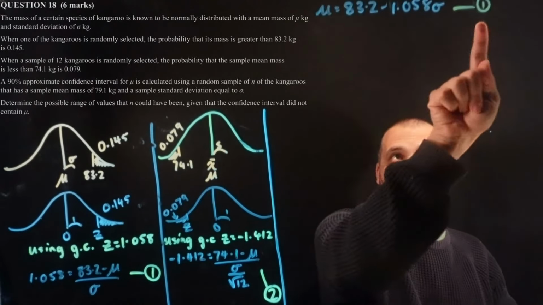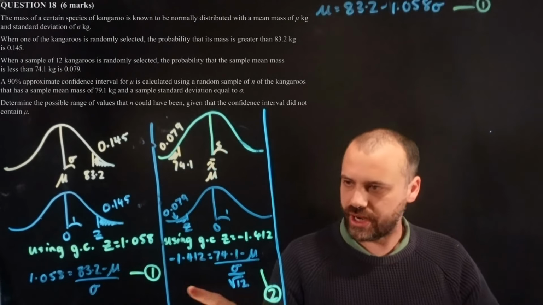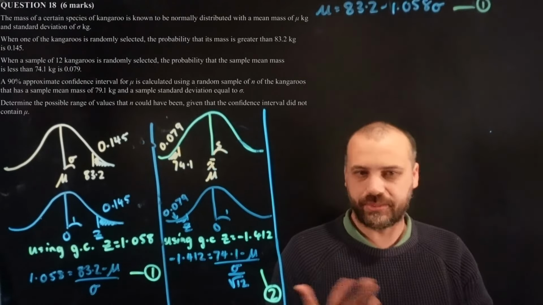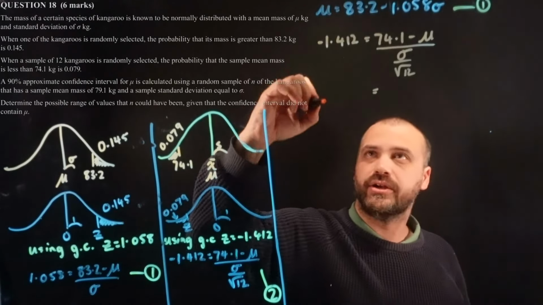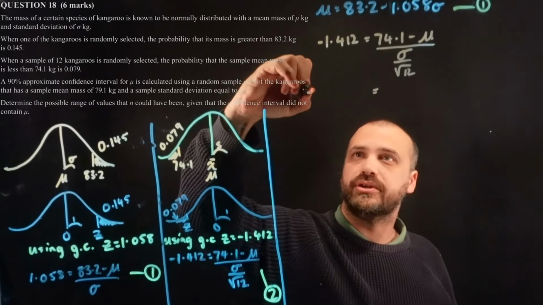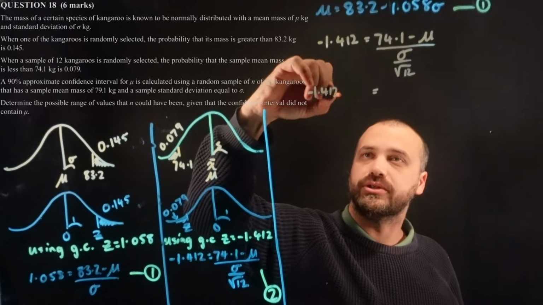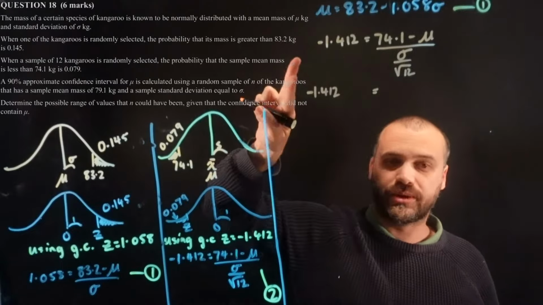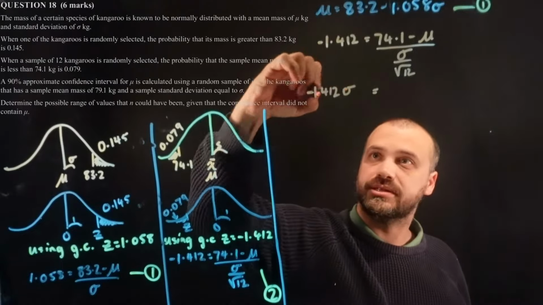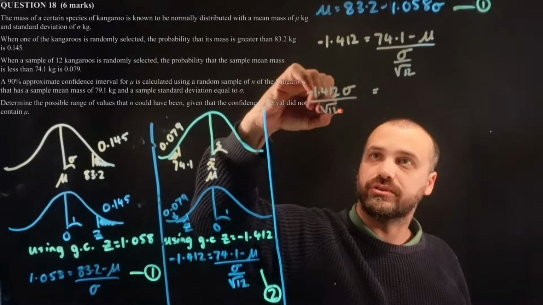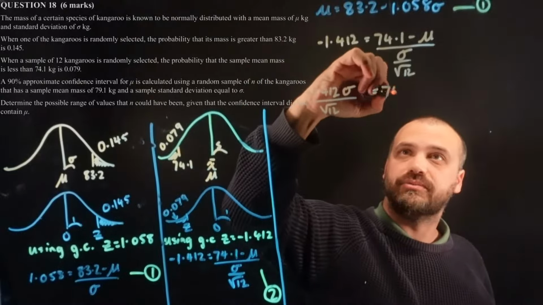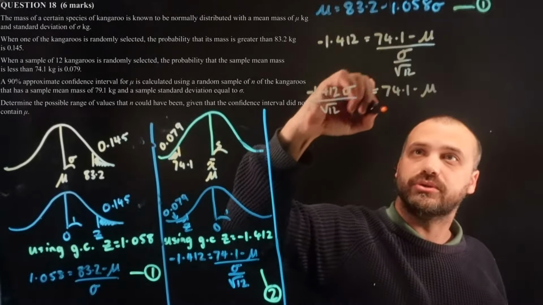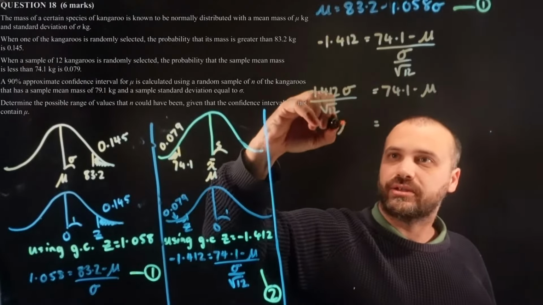So now that we've got that as equation 1, we'll do the same rearranging for this one here. Looks like it might be a little trickier. So I don't know what the best way to do this is, but maybe I'll go negative 1.412 and multiply it by this fraction. So multiply by that. So that's going to give me this over root 12. And that's going to leave me 74.1 minus mu on this side. And then I can move mu here.